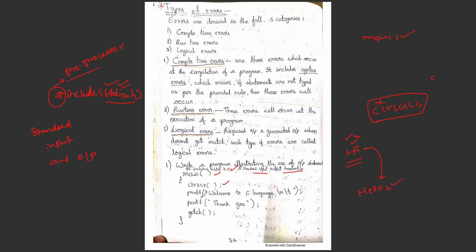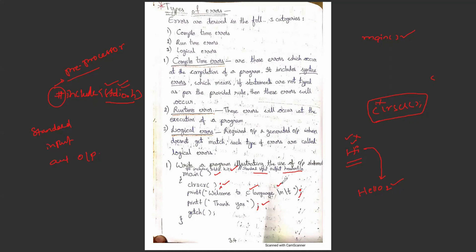Then you have printf. As I said, printf prints the value or message onto the screen as output. Here it prints welcome to C language, and every statement in C language should be terminated by a semicolon like this. Then again printf thank you.